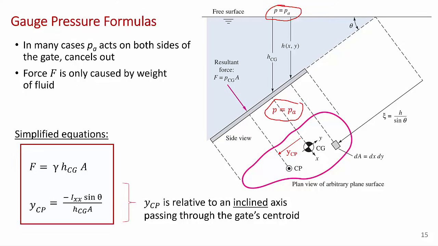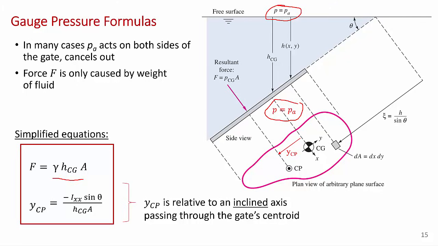So the forces due to the atmospheric pressure exist on both sides of the gate, and they cancel out. So in that case, you have a simpler version of these formulas, and these are the simplified equations, which are almost always applicable. You should keep in mind that if you have a tank with an internal pressure and you're trying to calculate a force on an access cover, then you need to include the internal pressure forces.